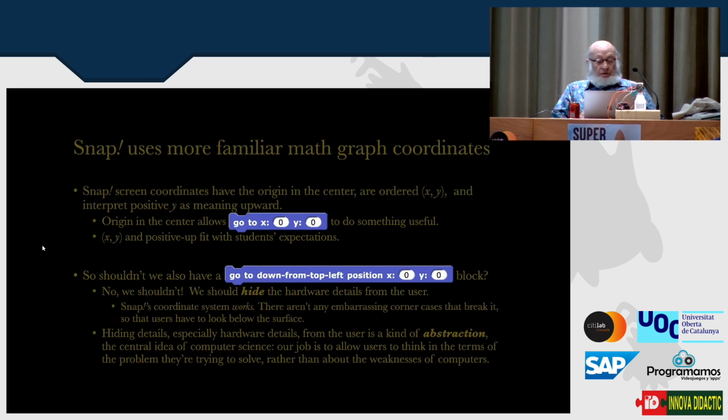And it says, our job is to allow users to think in the terms of the problem they're trying to solve, rather than about the weaknesses of computers. So this is an example of abstraction, and it's an example that's completely uncontroversial.